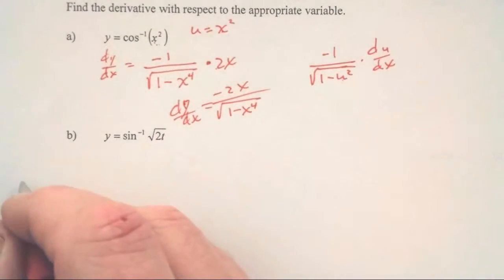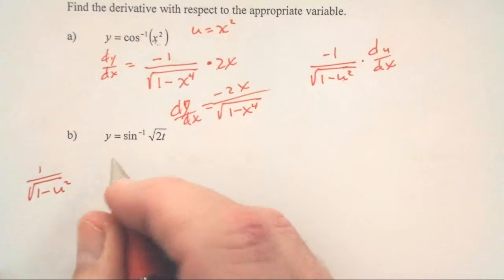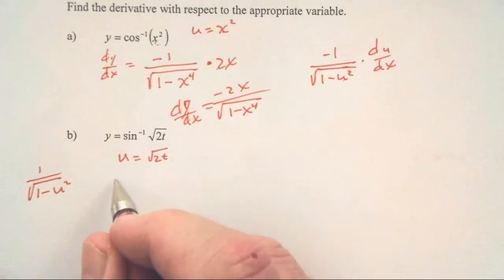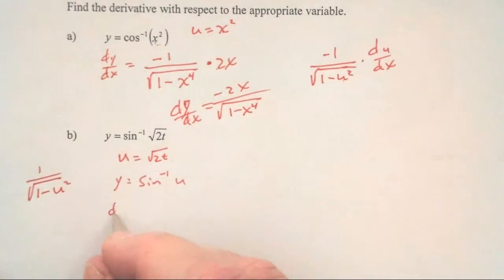I guess I'll just put that down here. It's 1 on square root 1 minus u squared. Let's do this with u substitution, just to practice. We're going to say u is square root of 2t, and we're going to treat this like y equals sine inverse of u. So that is dy dx. Well, that's easy.